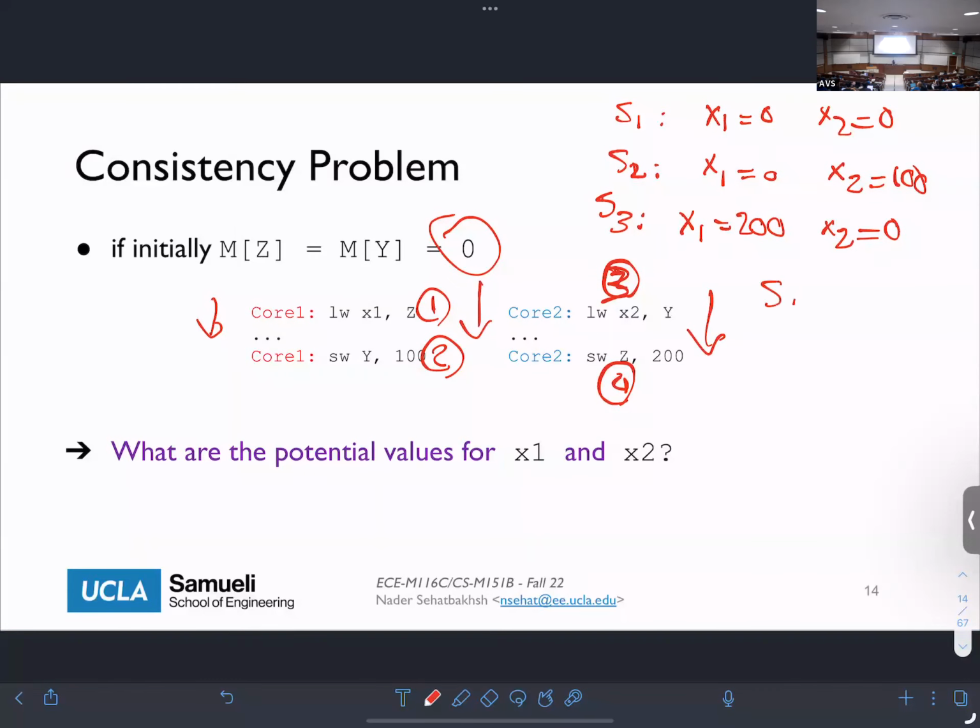Scenario number 4 would be X1 equal to 100 and X2 equal to 200. How does this work? So this one would be first, this one second, maybe this one third, and this one fourth, right? Is the fourth one possible? Is it possible? Why not?